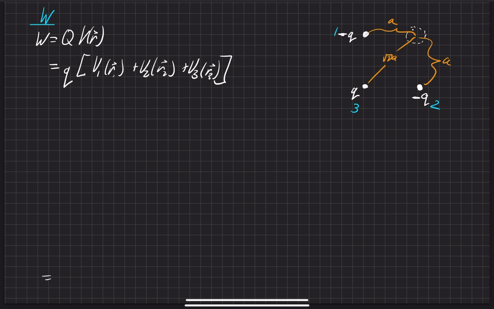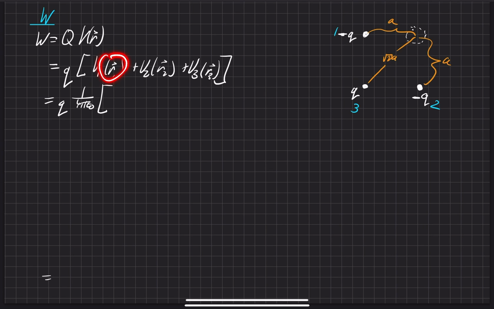So of course we can express the potential in terms of 1 over 4 pi epsilon naught times the charge that's causing the potential divided by the distance, right? So we all know that they all have 1 over 4 pi in common, so I'm just going to go ahead and pull that out of this bracket right here, and then all that's left is the ratio of the charge to the distance for each one of those.